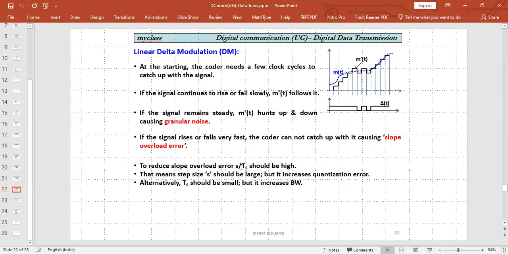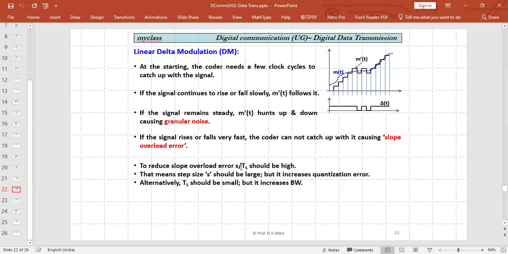Suppose earlier you were sending your data at 1 Mbps. Now, if you want to send your data at 2 Mbps, of course the channel bandwidth requirement doubles. So there is a problem both ways. If you increase S, then quantization error increases. If you decrease TS, then bandwidth requirement increases.